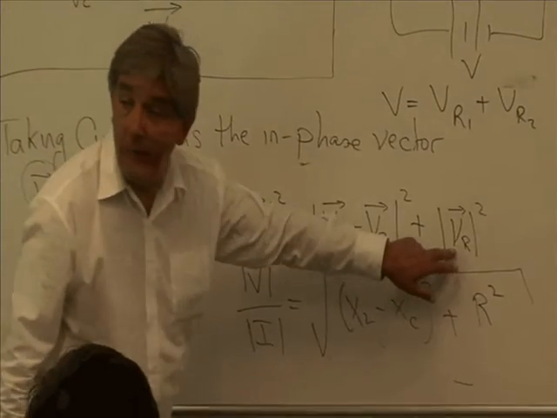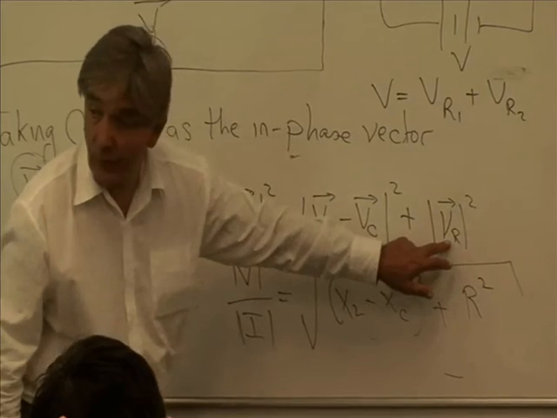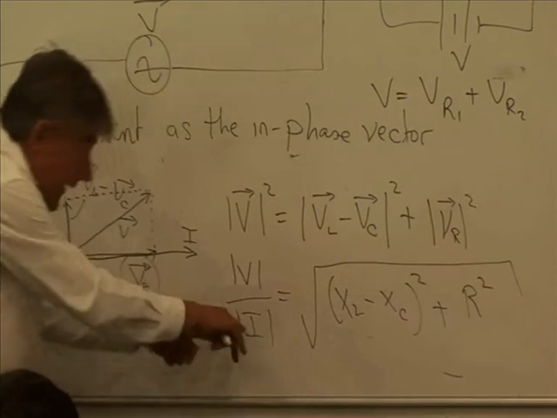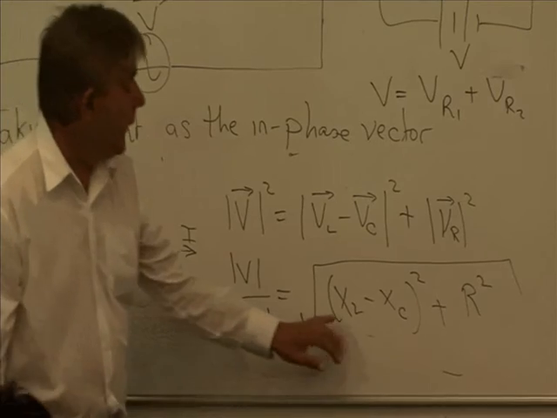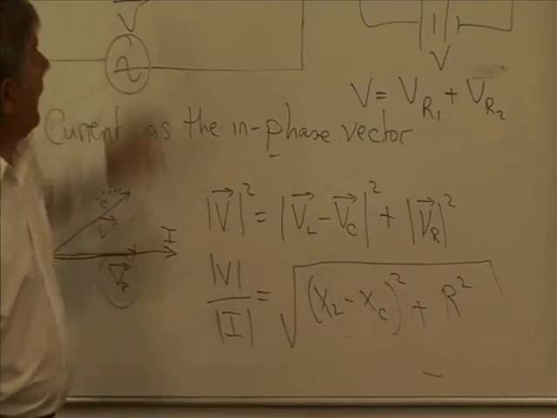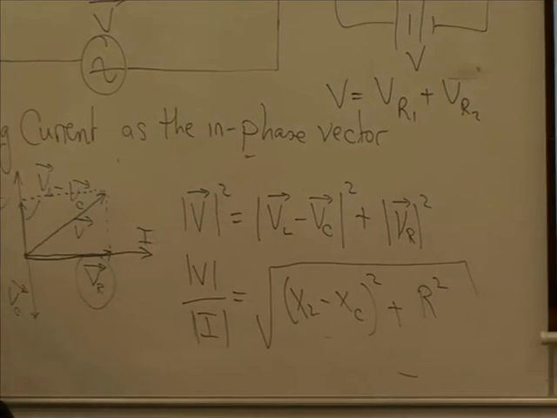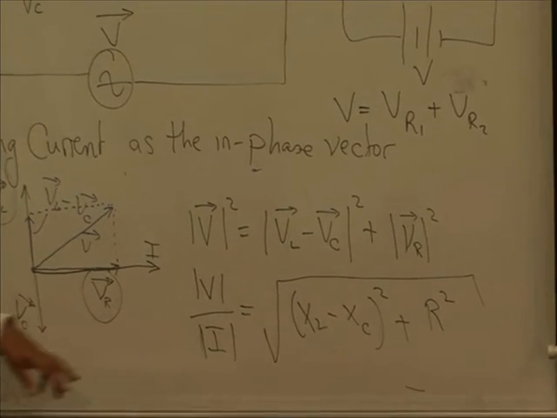We're using there that voltage across the resistor is IR, and we've pulled the I out, it's over on the other side just for neatness. The voltage across the inductor is the current flowing through the inductor times XL.